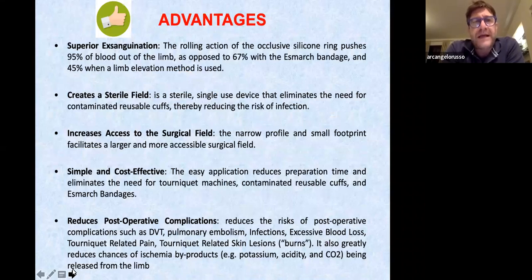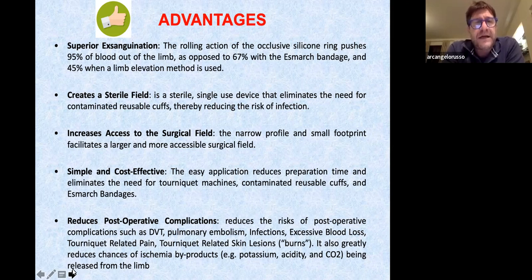It is a superior exsanguination. The rolling action of the occlusive silicone ring can provide 95% of blood out of the limb, as opposed to 67% with a HemaClear bandage, and 45% when a limb elevation method is used.